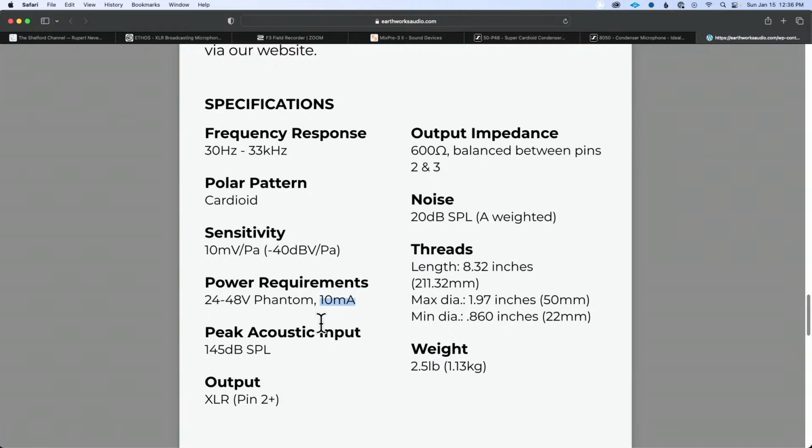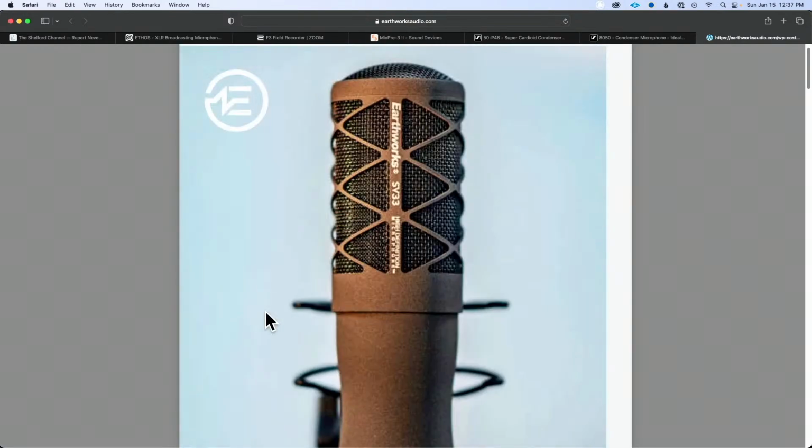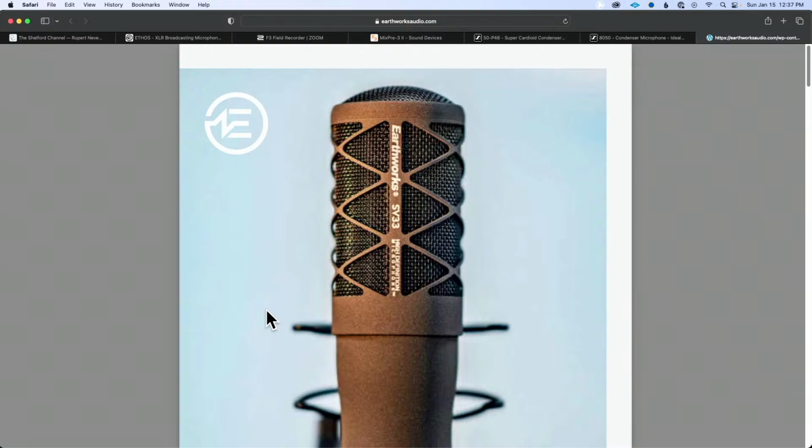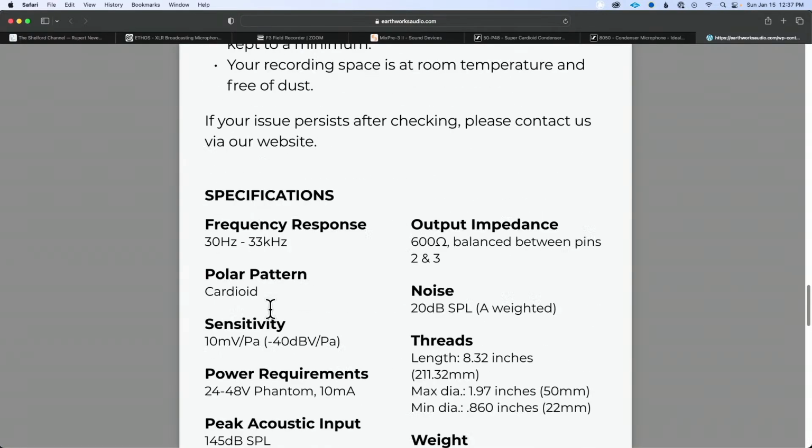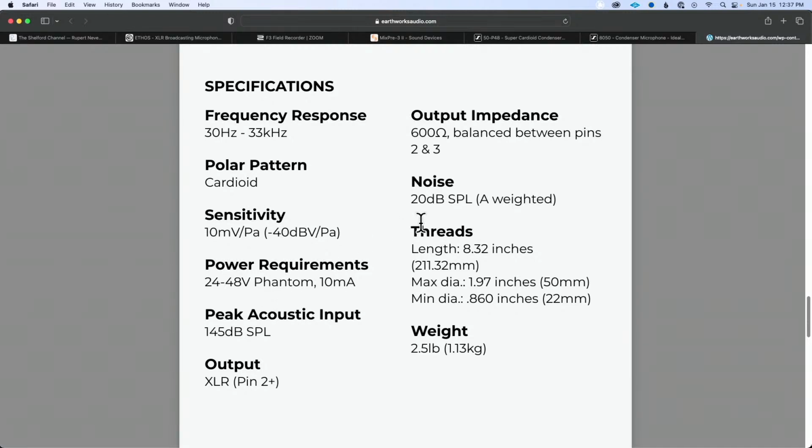It could only support one of them. And even so, I would never want to run that close to the spec if I could avoid it. So this would be a microphone, the SV33, that you probably would not want to run into your Zoom F3, as an example. So, just a quick look over specifications and what they mean in practical terms.